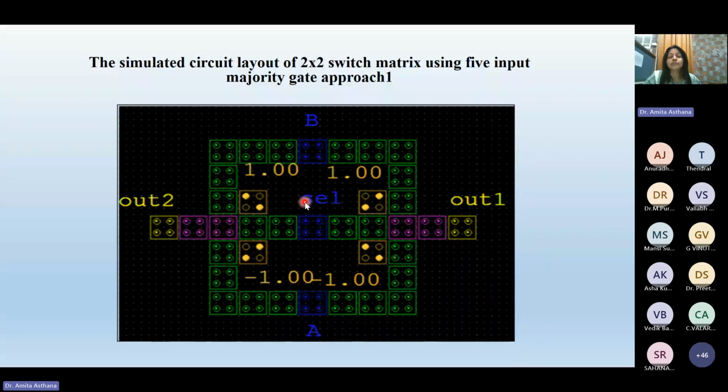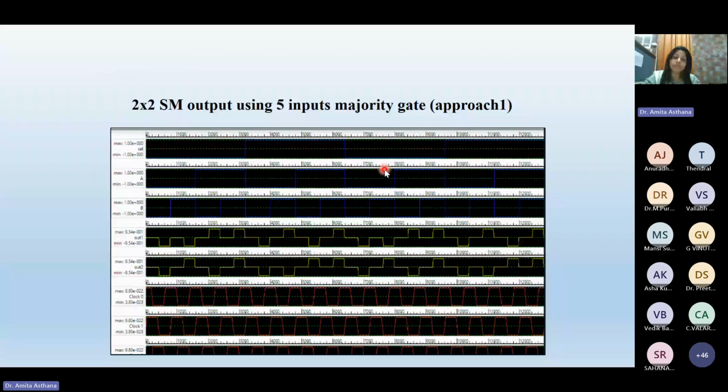That means 1 and -1, both polarities, have been given for designing this approach 1. It is all about the orientation of the quantum cells for designing this particular circuit. The result has been obtained as before, and this circuit is also working very accurately for the 2x2 switch module.